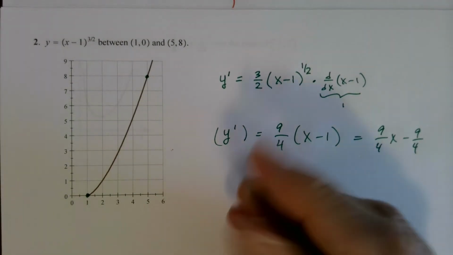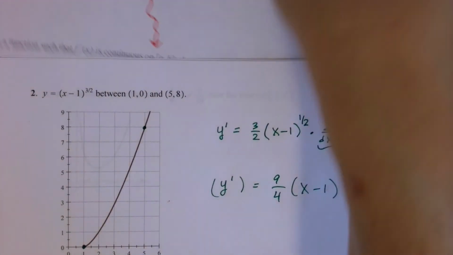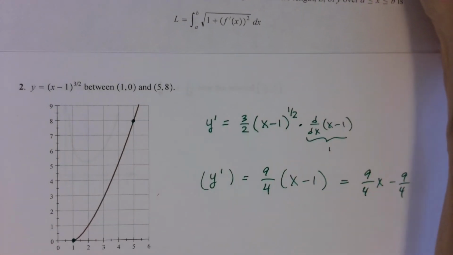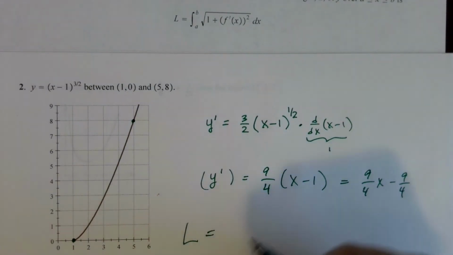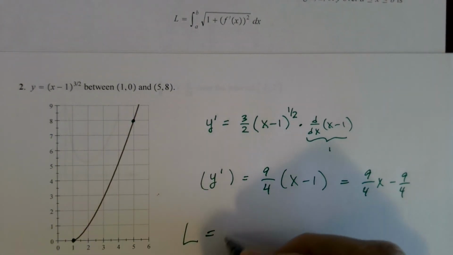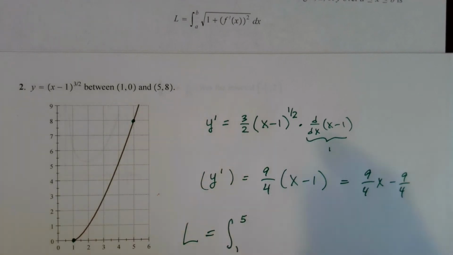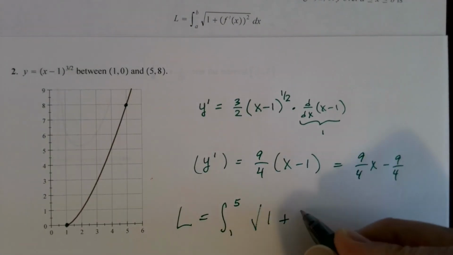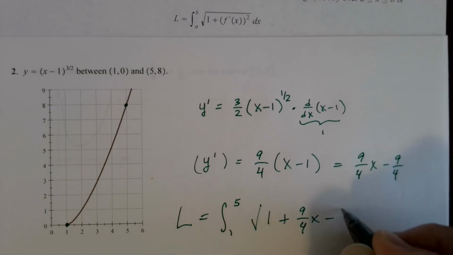Okay. So my arc length, and again, let's look at that formula that we have for arc length. Our arc length is from A to B. So what is A? We're going from 1 to 5, and it's the square root of 1 plus 9/4 x minus 9/4.